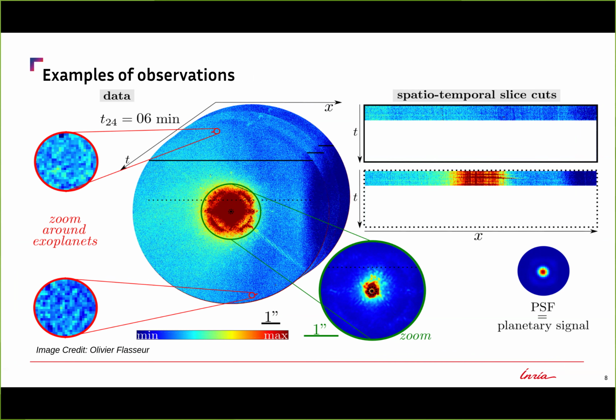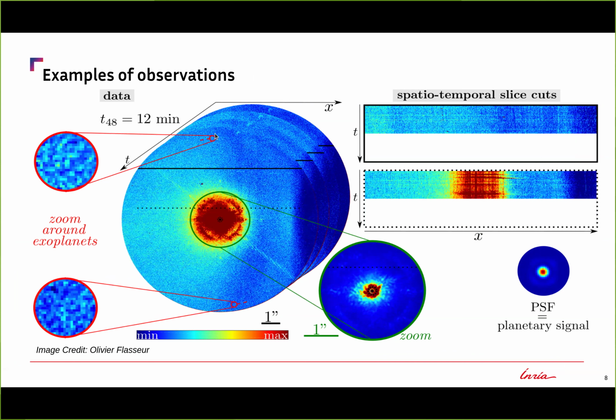That's the main issue with detecting exoplanets in direct imaging. If the exoplanet is in the outer region, it's easier because you don't have the speckle pattern hindering the detection. But if you're close to the star, it's much more challenging because of the strong nuisance component of the star.